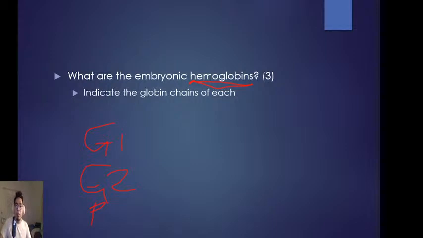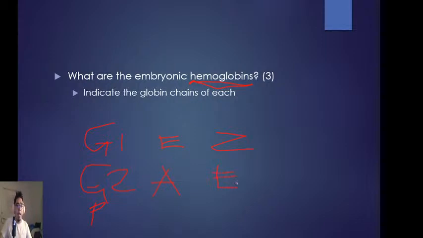Okay. All right, so the first one that you're going to have is GES. What's GES? Bakit sinulat mo, Sir, GES? Because this one, hemoglobin Gower 1, has epsilon and zeta chains. Epsilon and zeta chains. All right? The other one is GAY. Why do I mean GAY? Because it has alpha and epsilon chains.